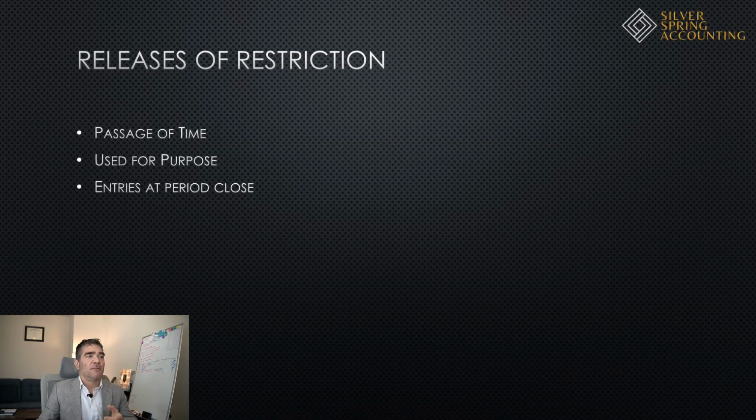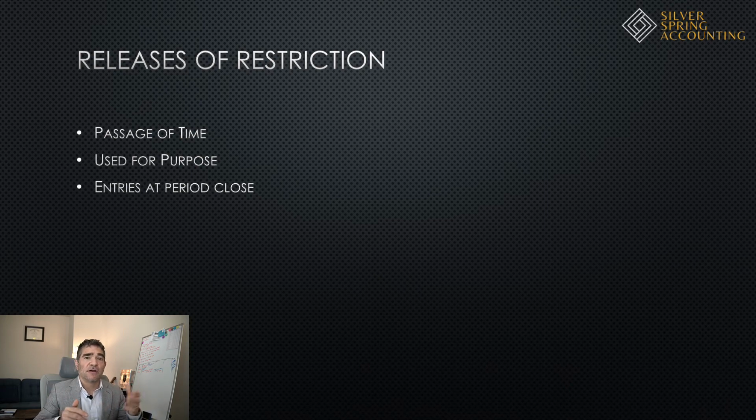So what about releases of restriction? I just kind of mentioned what a release is when there's a purpose. So use the funds for a specific purpose, those funds have been released. The same thing with, say, a pledge. You receive the pledge, you receive the funds for that pledge, and the restriction for that time has been released.